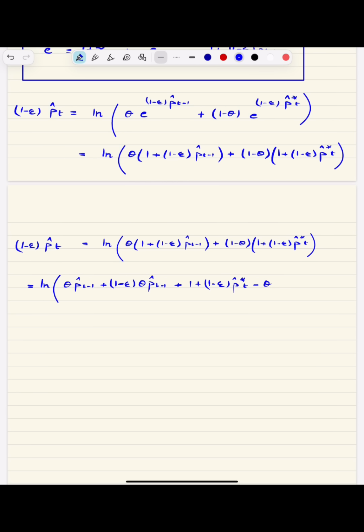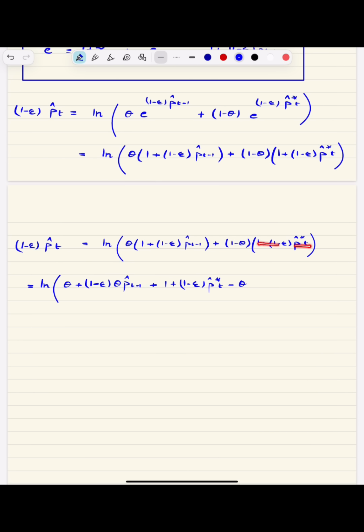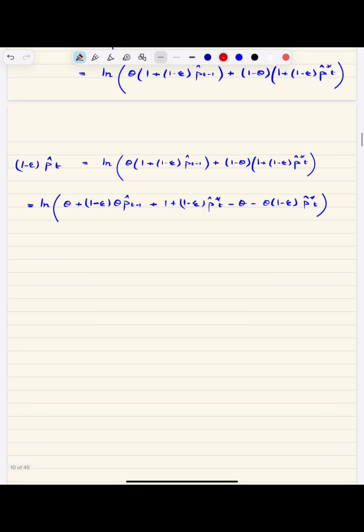This wasn't getting multiplied by that, it was just a theta. So theta into the first expression and minus theta into the second expression. Okay, my bad. So this cancels out nicely.